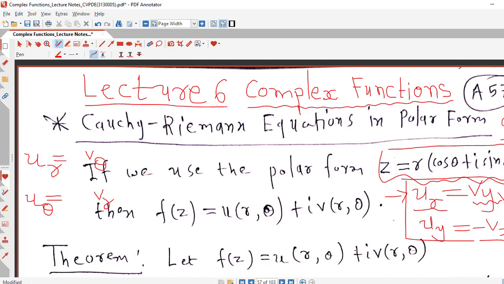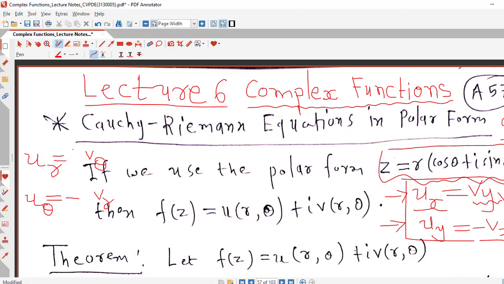For remembering, you can remember it this way: del u by del x is del v by del y, instead of x and y I am putting r and theta. Similarly, del u by del y is minus del v by del x, so here I have to write minus, and instead of y and x I am writing theta and r.